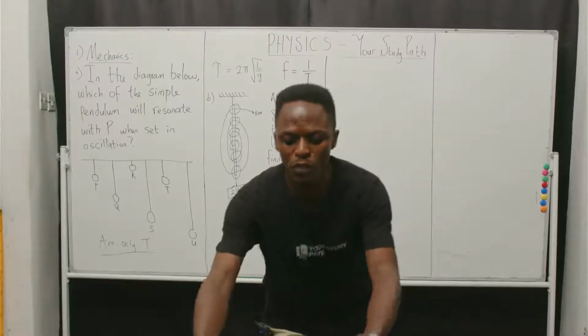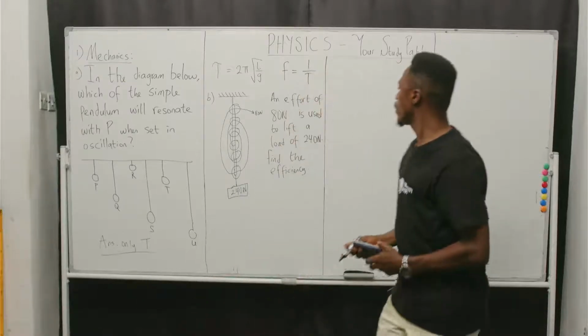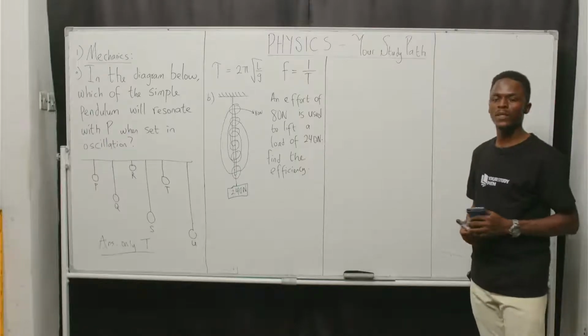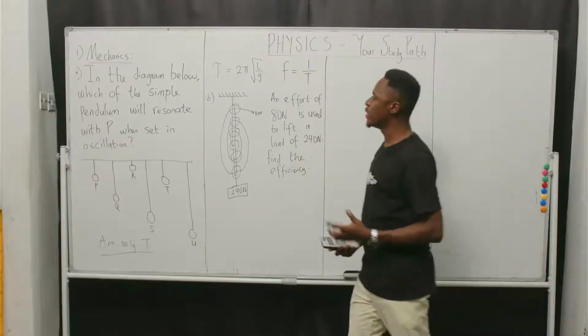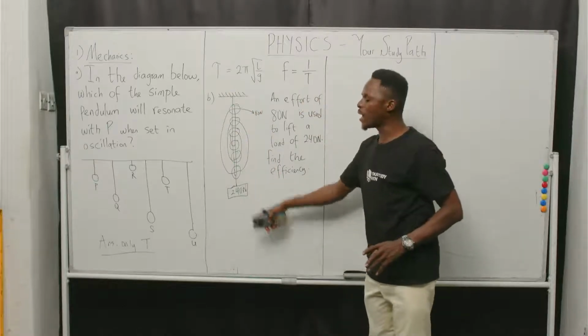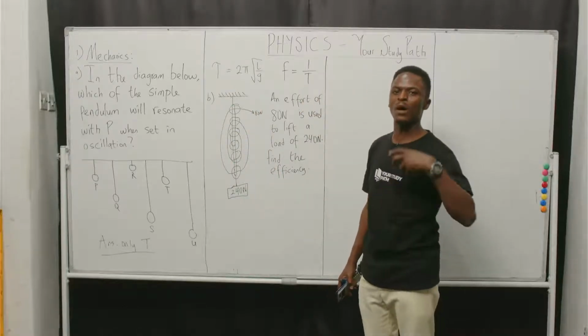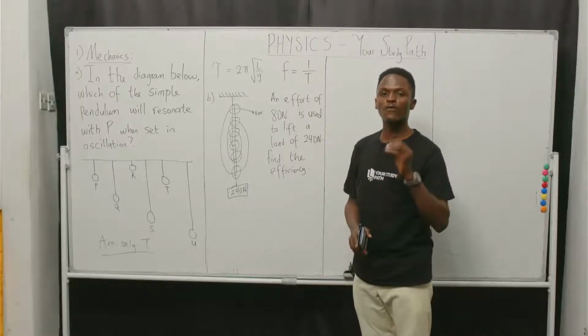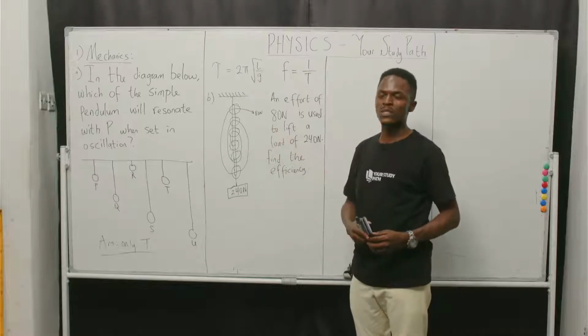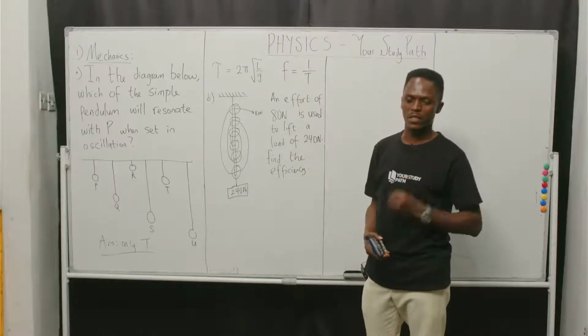So this is the question before us. We are to calculate the efficiency of this pulley system. A system whereby we have some set of connection of pulleys and we have a load that is about to be overcome. 240 Newton is the value of the load. The effort used is 80 Newton.